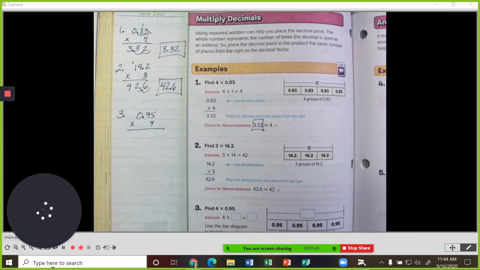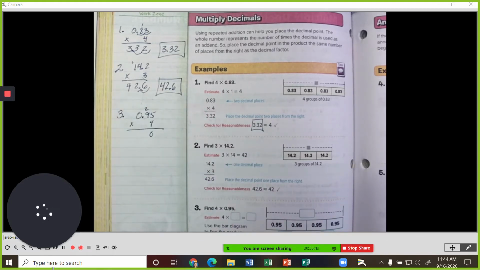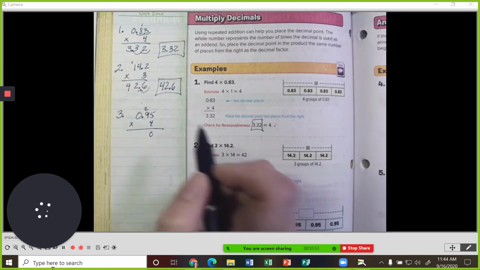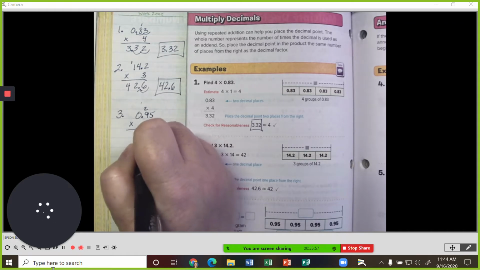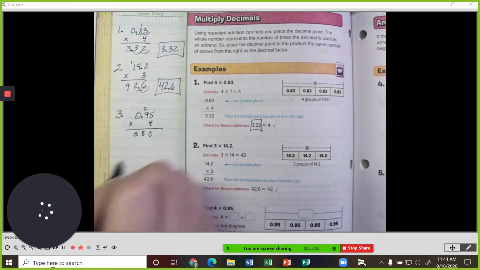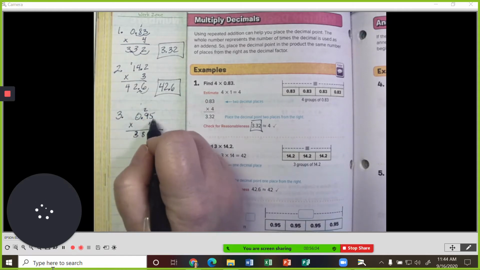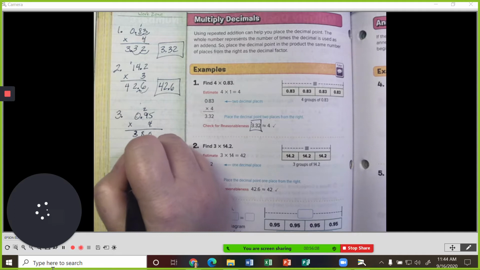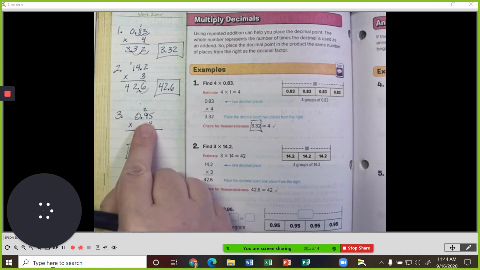Okay, 4 times 5 is 20, write the 0, carry the 2. 4 times 9 is 36, plus the 2 we carried is 38. You can do the 4 times 0 or not. We didn't. Okay, and then we have 2 decimals in our problem, so we need 2 decimals in our answer. So we get 3.8, and then we check for reasonableness.